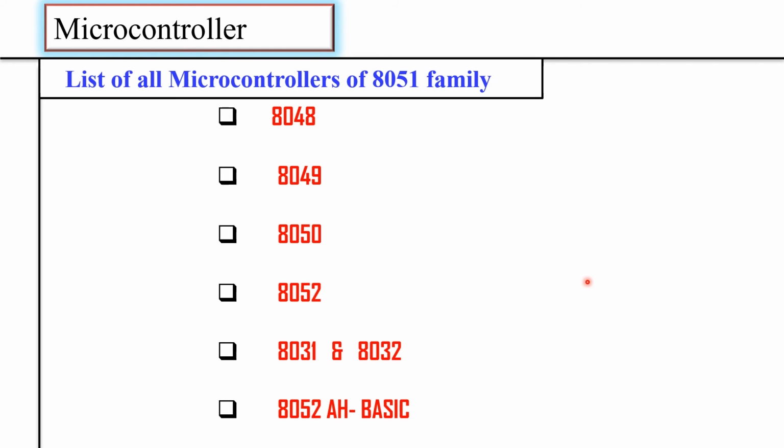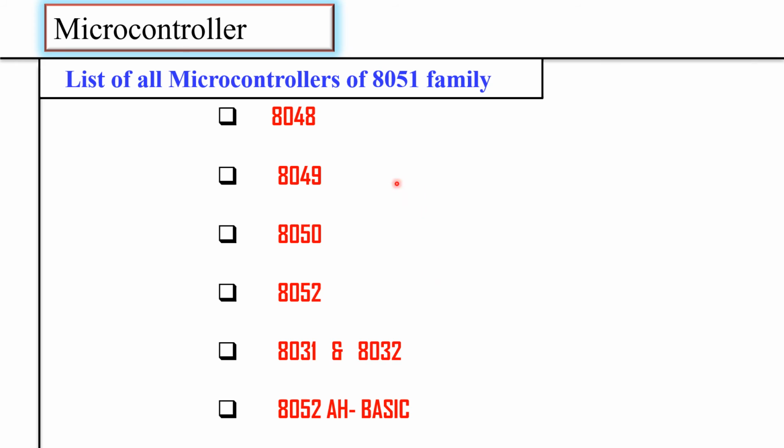8051 is a second generation microcontroller. So let us see the list of all the microcontrollers of the 8051 family. The first one is 8048, 8049, 8050, 8052, 8031, 8032 and 8052 AH Basic.